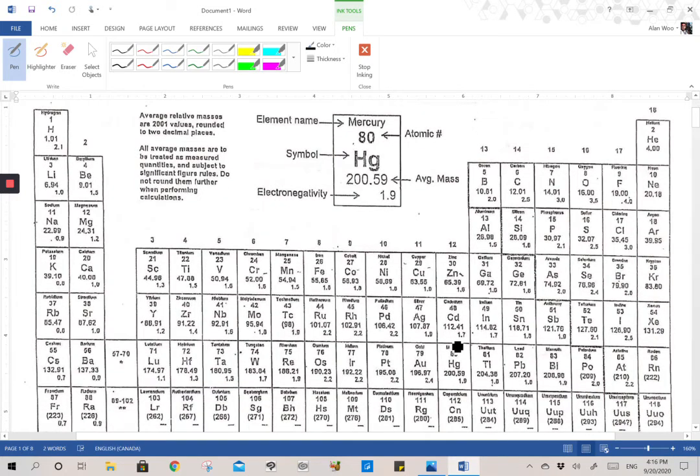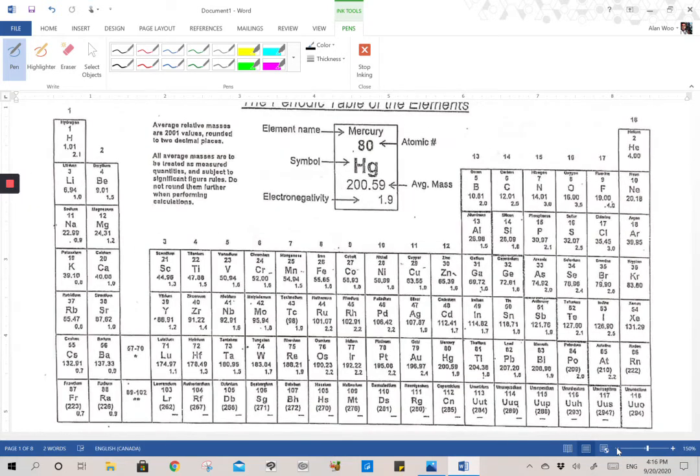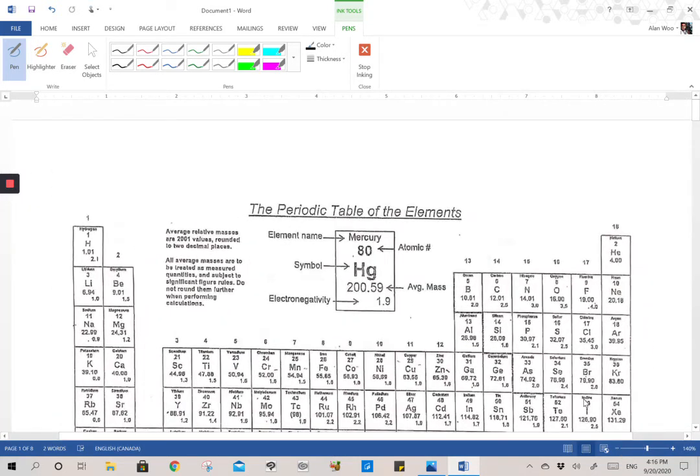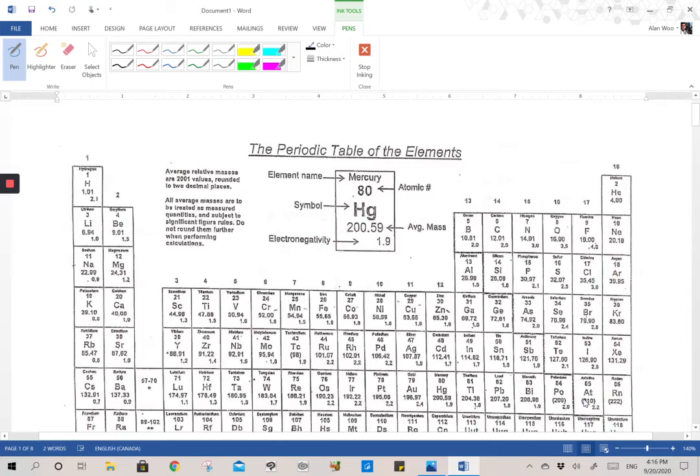I mentioned before that this is like your Bible for chemistry, because all the information that you need for quantum chem is basically arranged on the periodic table. So if you know how to read it, you would know how to use it. Okay? And you don't ever have to memorize things.